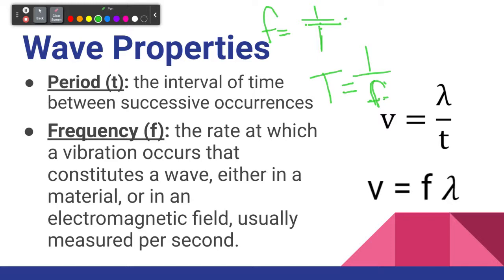And remember, reciprocals are just like this. So really, it's T over 1. It's f over 1. So f over 1 is equal to 1 over T. T over 1 is equal to 1 over f. Which makes sense because remember, period is just time. We'll say it's time over the thing. So how long does it take to complete the one thing?